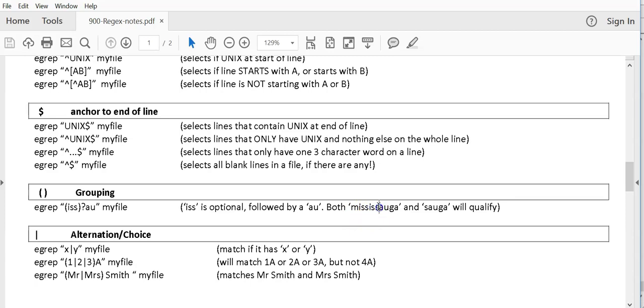And then after that, it's looking for A and U, so this will qualify. Whereas here, SAUGA will qualify because AU matches, AU matches here. And before that, if ISS is not there, it's okay. So both Sauga and Mississauga will end up qualifying.